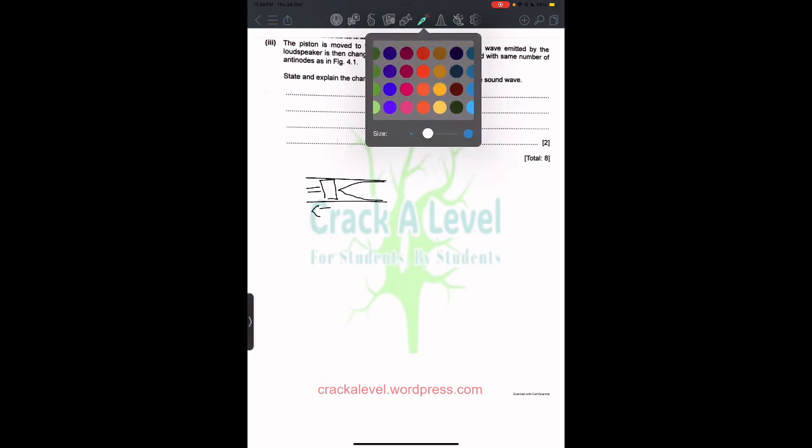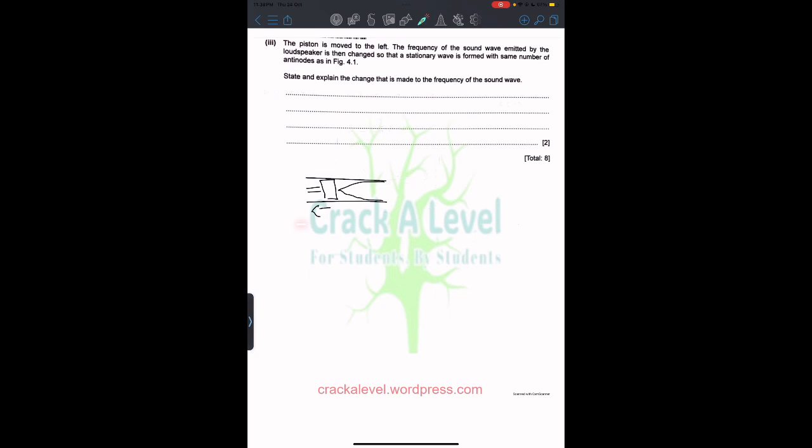I don't know why it's not working. I think I'll stick with red because it is moving much further. So you see there's a difference between them. Because it is moving much further to the left, initially the wave should be much greater. The distance covered by the wavelength should be much greater.